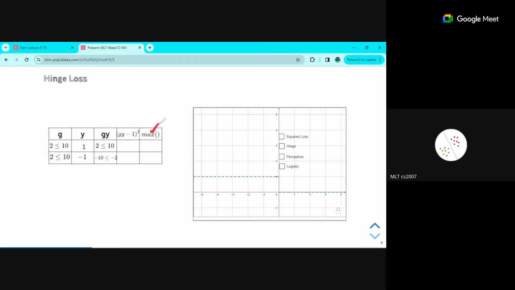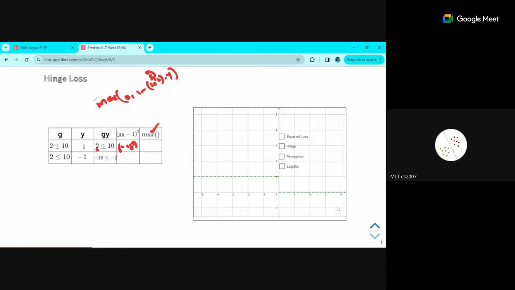But what about the max one? We have max of 0 comma 1 minus W transpose X times Y, which is GY. What will be the interval for this? This interval is going to be 1 comma 81, which means my loss value will vary from 1 to 81 based on my W transpose X.